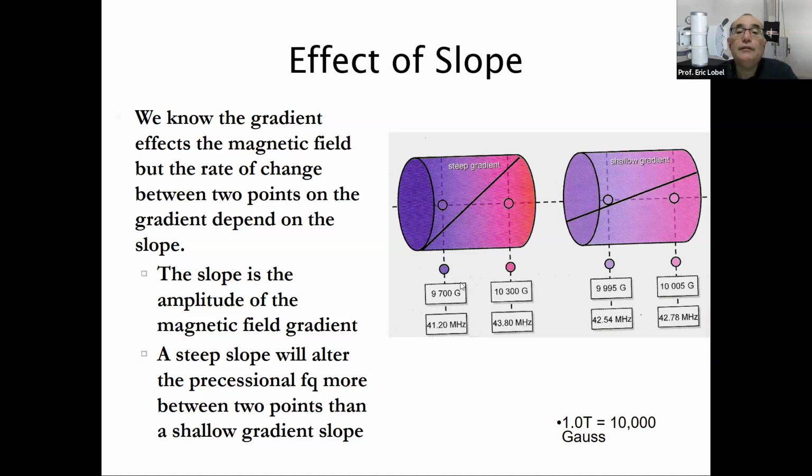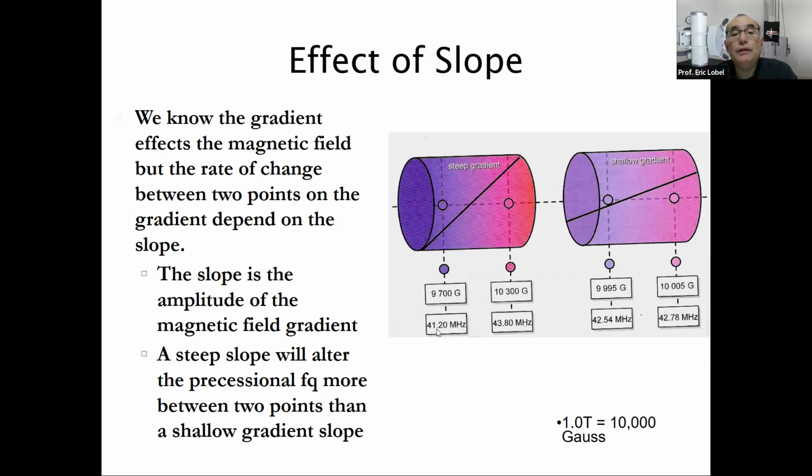What we see here is a very big difference between the magnetic fields at different sides of the gradient. Here we have 9,700 versus 10,300. That is a 600 Gauss difference, and that is represented as a pretty big difference compared to the one on the right that we'll see in a second.